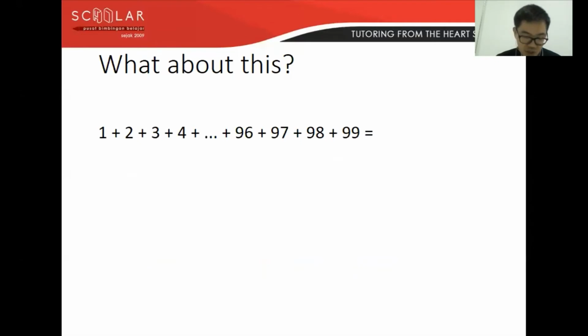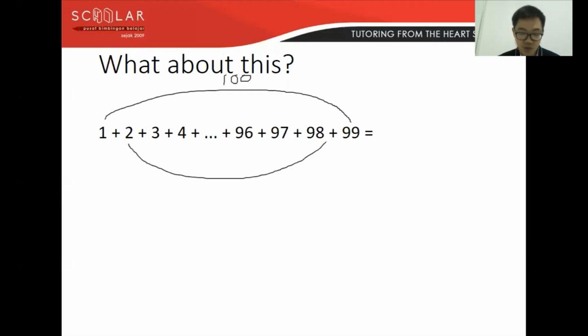If you notice, if we add 1 and 99, the first and the last number, you actually get 100. If you add 2 and 98, you also get 100. If you add 3 and 97, you also get 100.